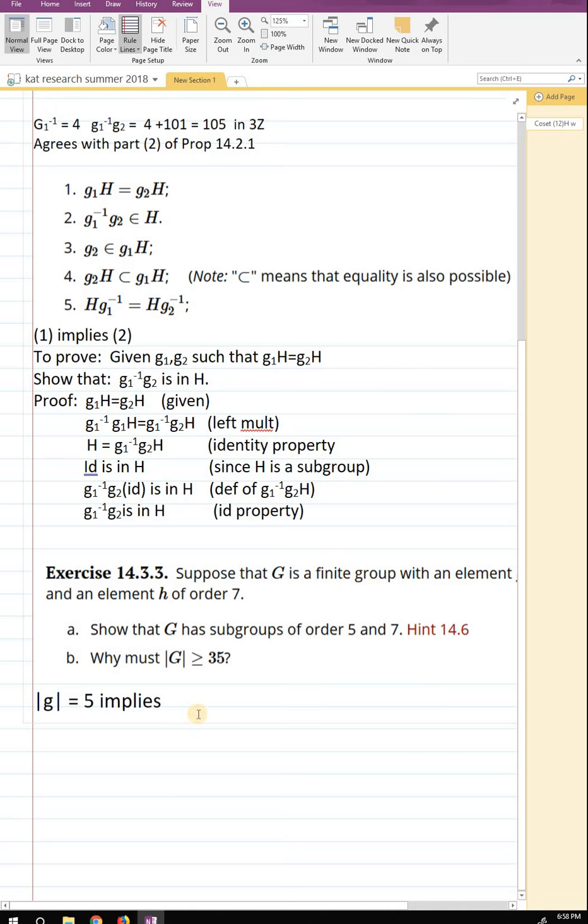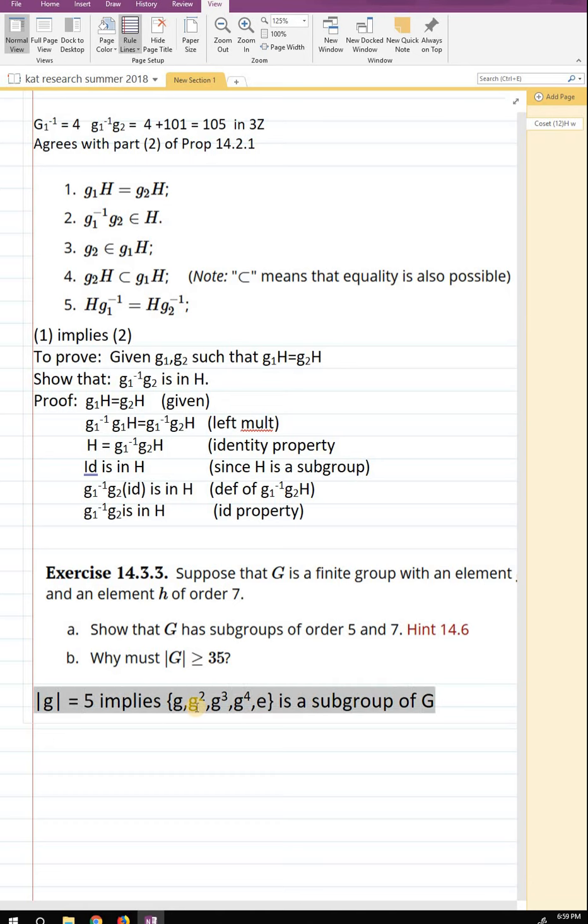This means that the subgroup created by this is g, g squared, g cubed. How far do I go? 5. So what is g to the 5th? The identity. g to the 5th is the identity. So that means this is a subgroup. And then you do the same thing with 7. I can copy this and replace my g with h.